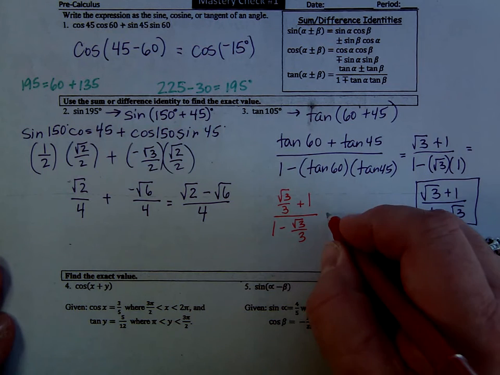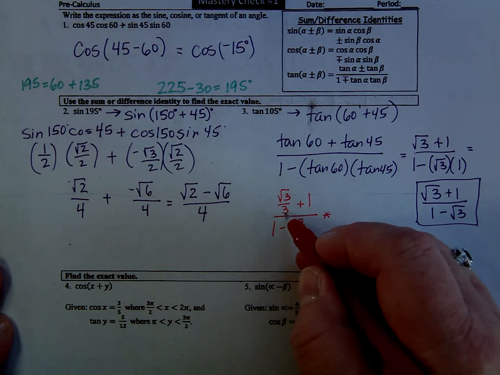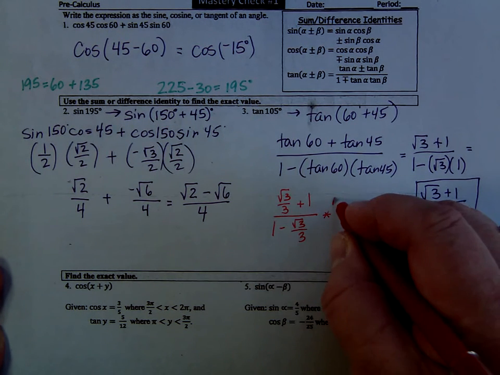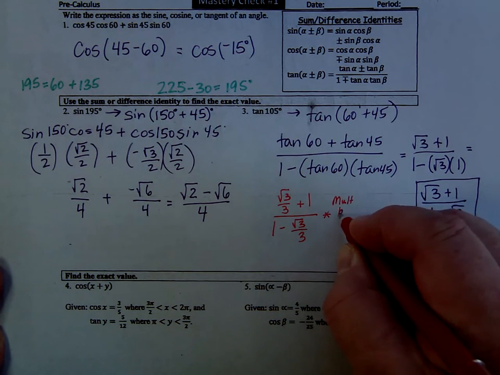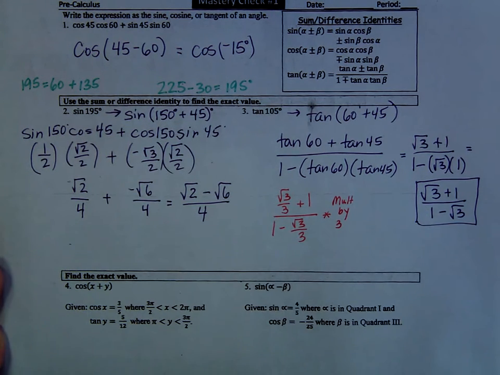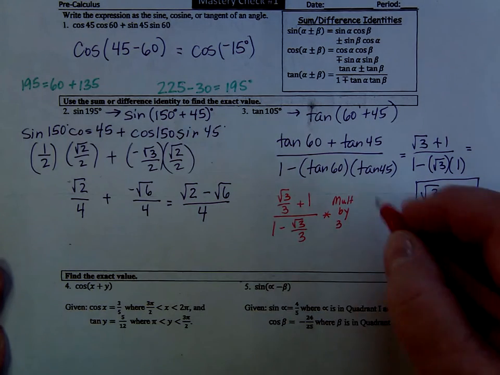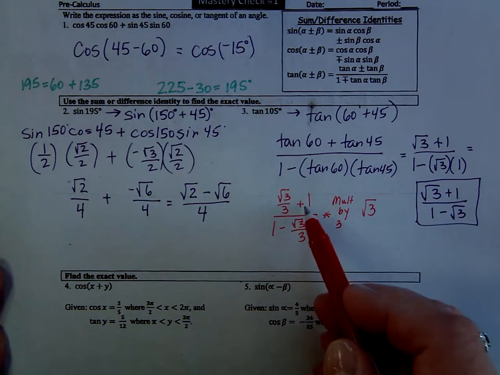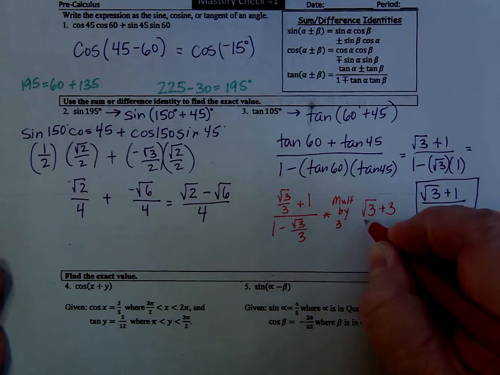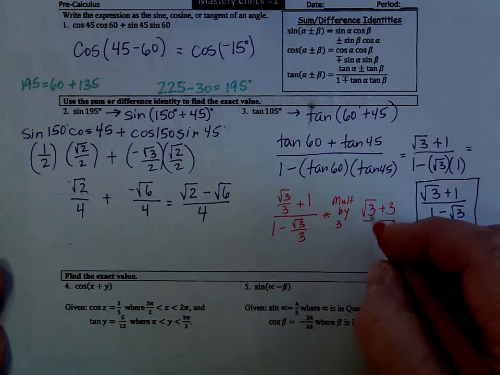All you need to do is, see how you've got a denominator of 3? If you multiply by 3, everybody gets multiplied by 3. Watch and see what happens. The square root of 3 over 3 times 3 cancels the denominator. You get the square root of 3. 3 times 1 is 3. On the bottom, 1 times 3 is 3.